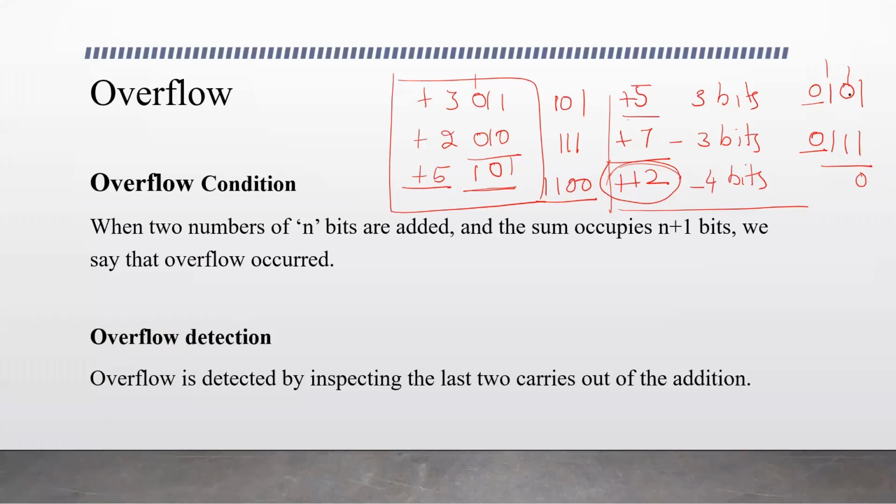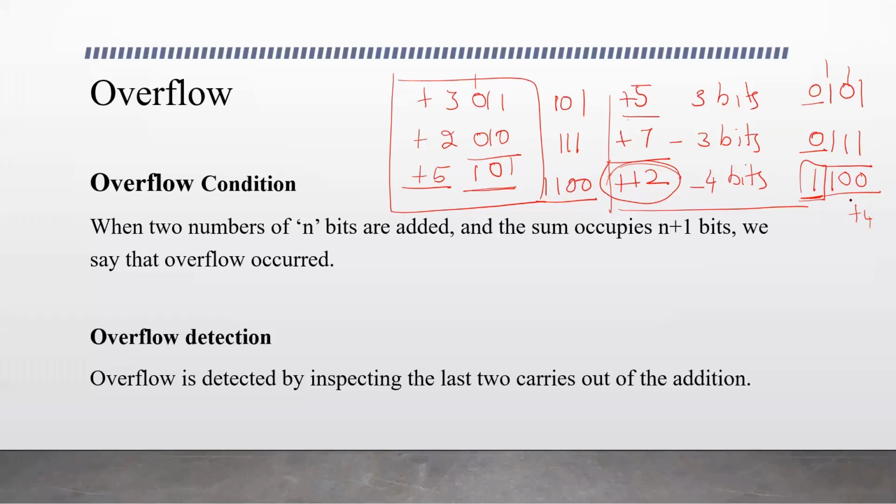Here is a carry. 1 plus 1 is 1, 0, 1. It is 1, 1, correct? It is a negative number. This result says that this is negative. So you will not get a negative number when you add two positive numbers. So we say that there is an overflow.